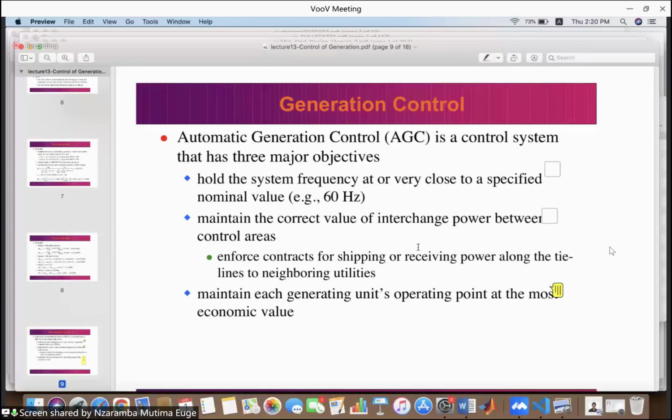Hello everyone. I'm going to present generation control. So first, what is automatic generation control?